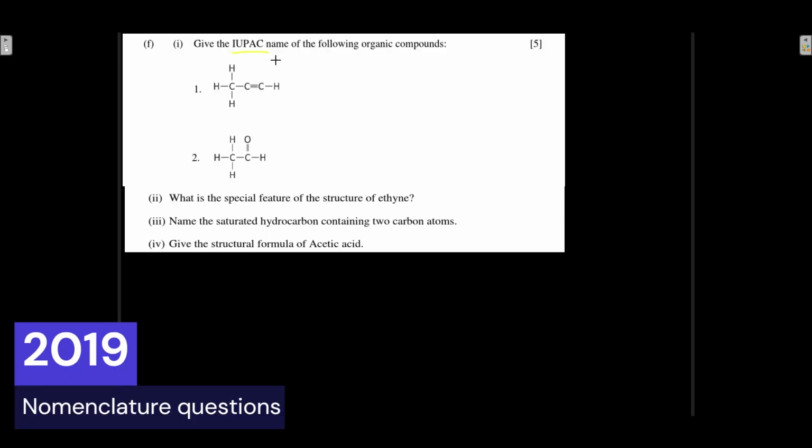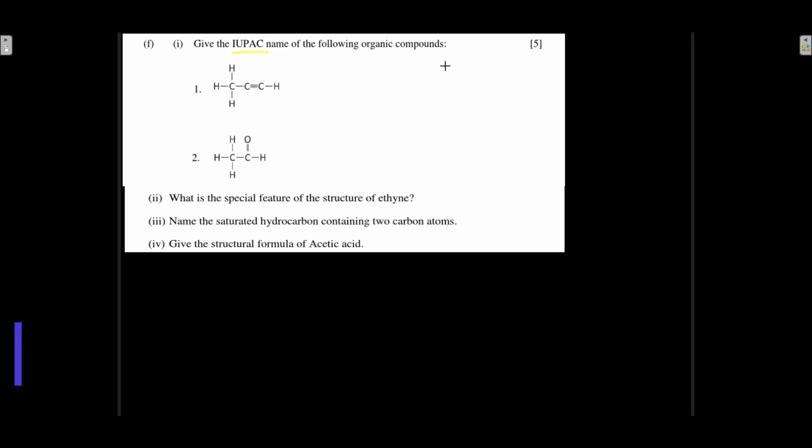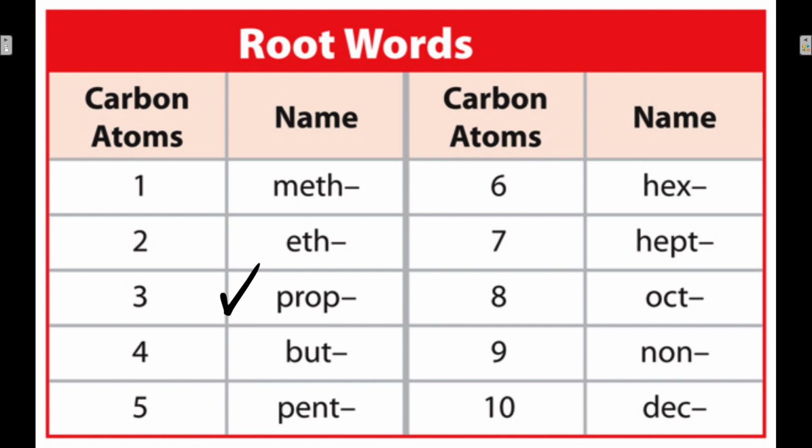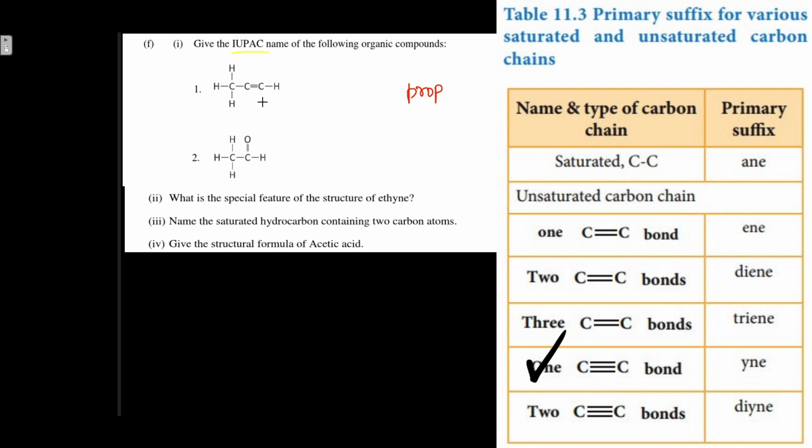Give the IUPAC name of the following organic compounds. See here, they have given you the structure and ask you to write the name. Count the total number of carbons in the main chain: 1, 2, 3. So 3 means you have to write prop as the word root. There is a triple bond between carbon and carbon, so it will be YNE.